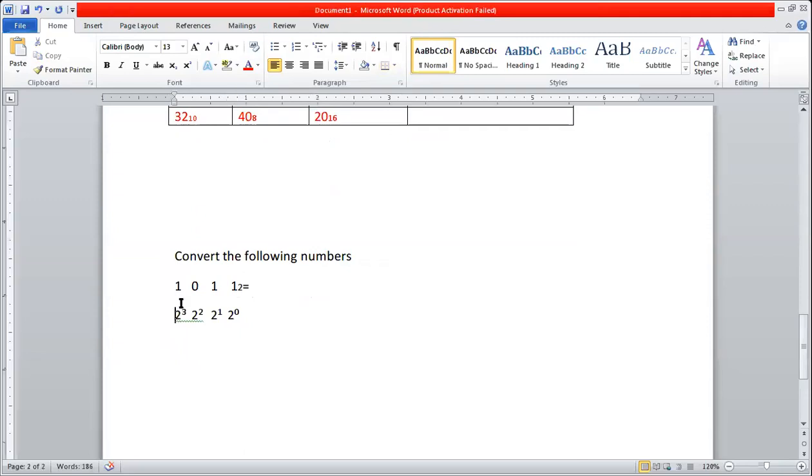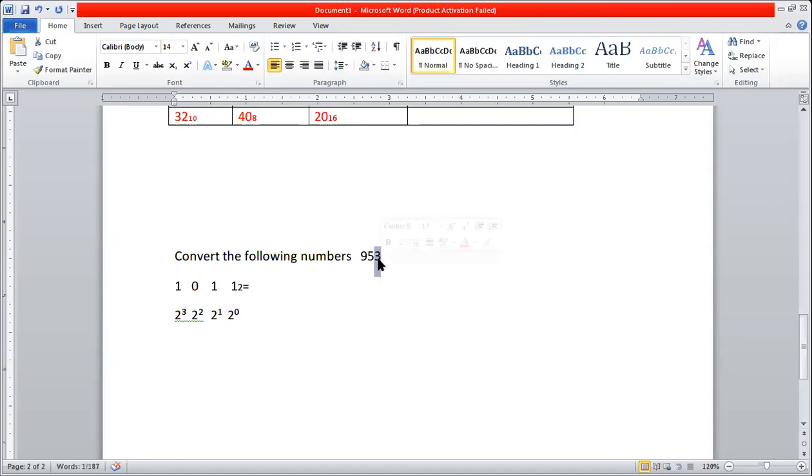See, for example, in the decimal number system, if I write 953, what are the positions? The position of 3 is 10 raised to 0. 10 to the power of 0 is what? 1. So 3 into 1 is 3.